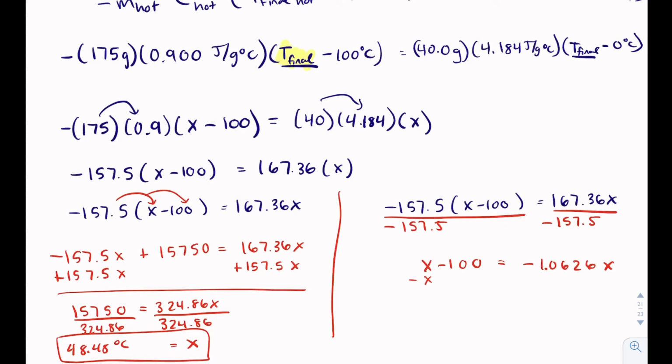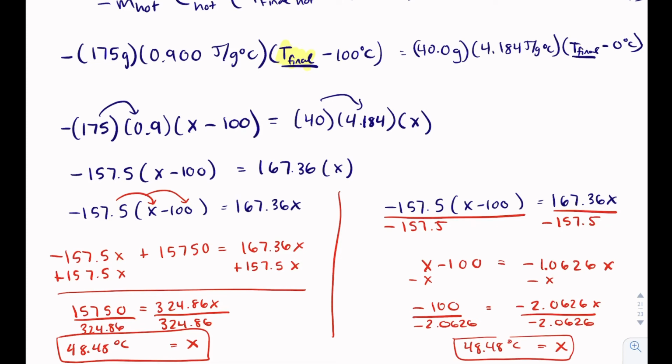We will combine like terms. So we get negative 2.0626x equals negative 100. We'll divide by negative 2.0626. Negative 100 divided by negative 2.0626, and x equals 48.48. We know it's a temperature, so we know it should be in degrees Celsius.